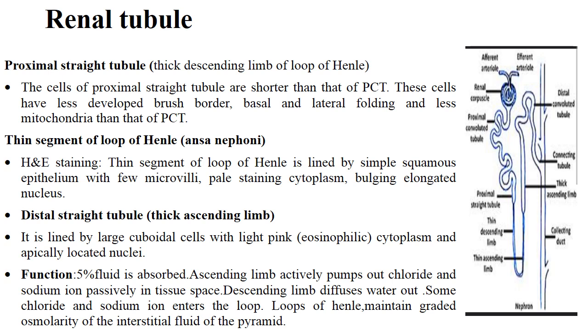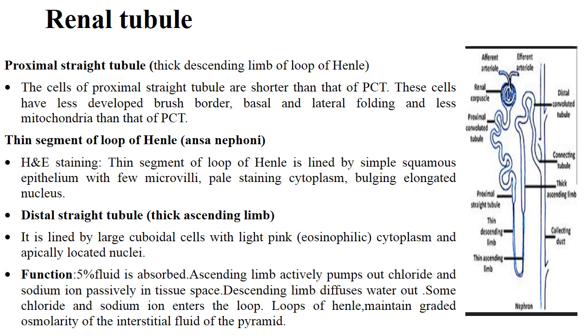They have pale staining cytoplasm and a bulging elongated nucleus. And the distal straight tubule or the thick ascending limb of the loop of Henle has large cuboidal cells with light pink or eosinophilic cytoplasm, and they have an apically located nucleus.